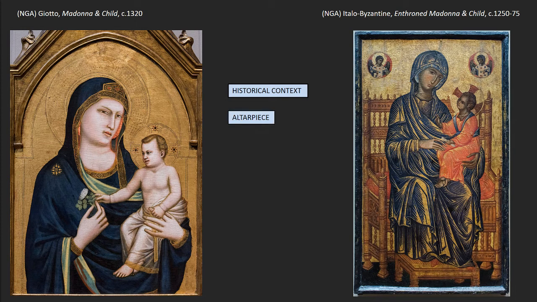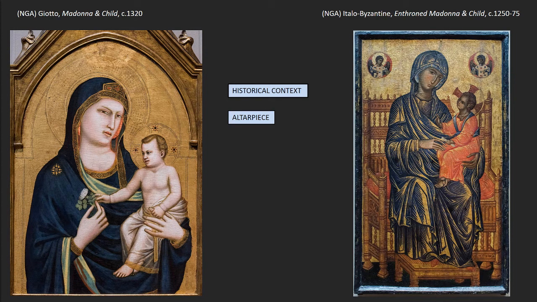Both of these pieces were painted to be what's called an altarpiece. What that means is that they decorated a church and were placed behind an altar where the priest performed the communion service, where Mass was performed. So the normal viewing for this would have been in a religious setting.